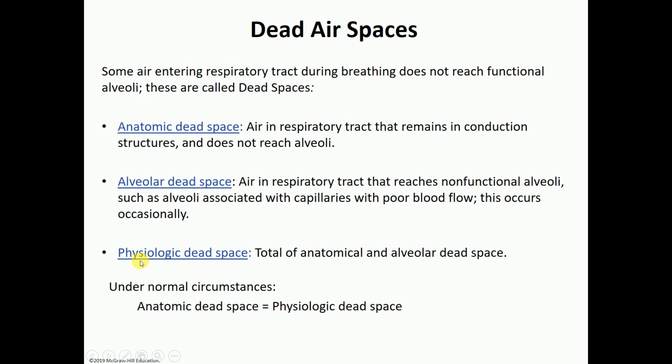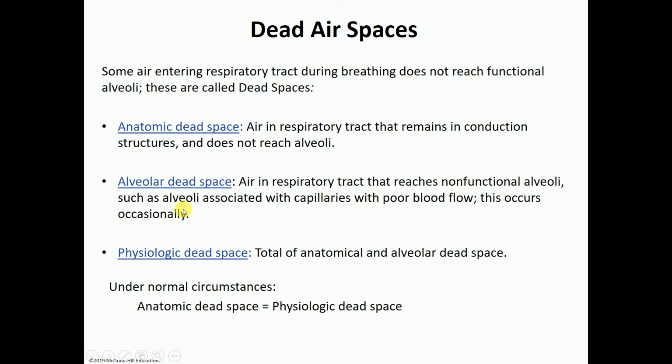The physiological dead space, under normal circumstances, should be equal to the anatomic dead space. But if the physiological is more, okay, so if you add up the alveolar dead space, normally it should be 0, but if it's not, and you add it up, where now your physiological dead space would be equal to the anatomic plus alveolar.